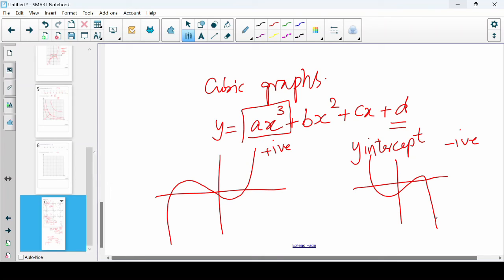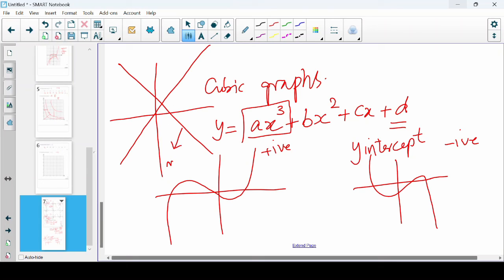And the straight line graphs are, of course, pretty simple. They are either like this or like this. This one is a negative straight line graph, and this one is a positive straight line graph. Why is this positive?